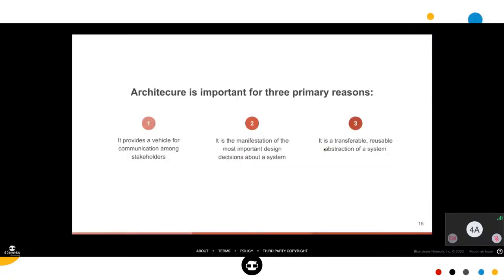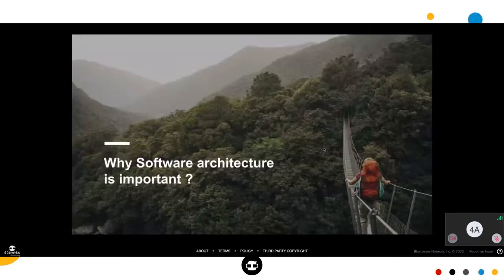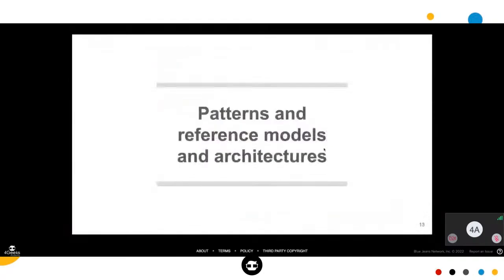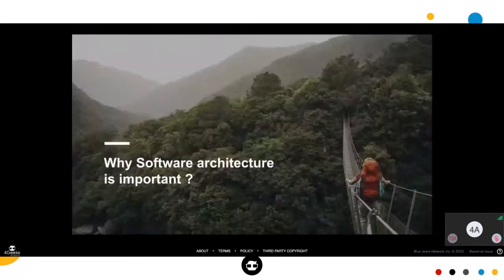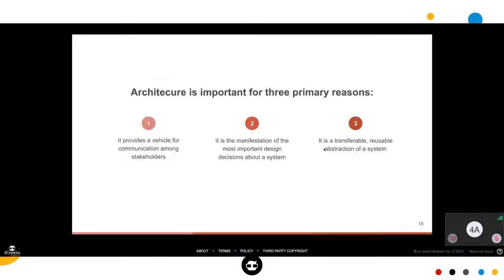Well, what we saw here about patterns is high level, right? Every pattern that could be implemented in a software architecture definition is a huge amount of information.